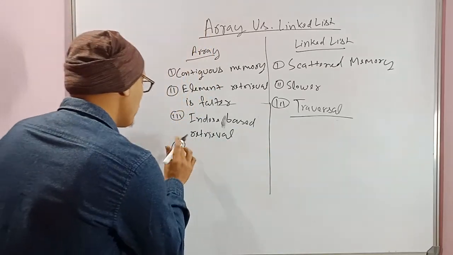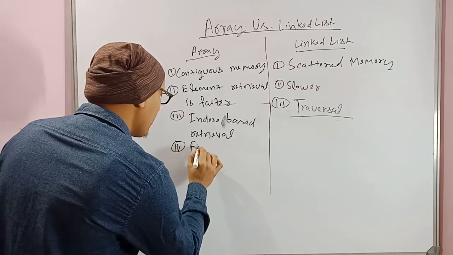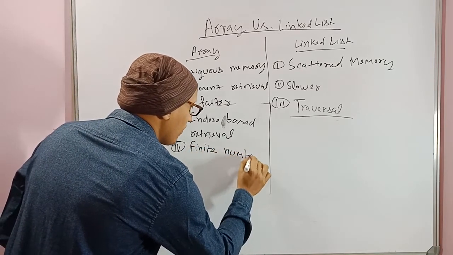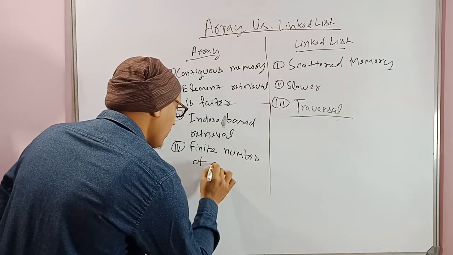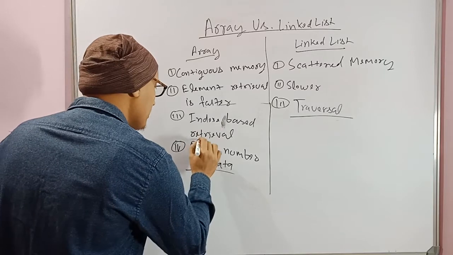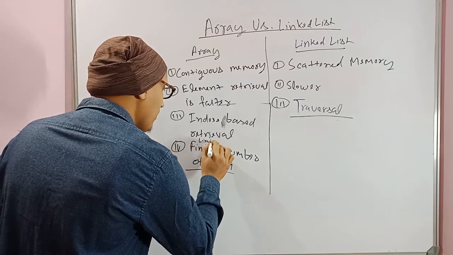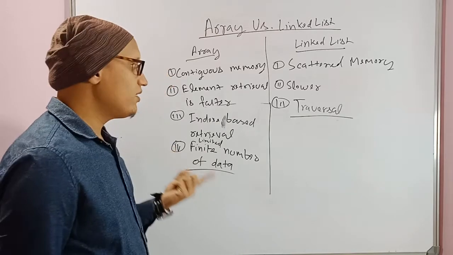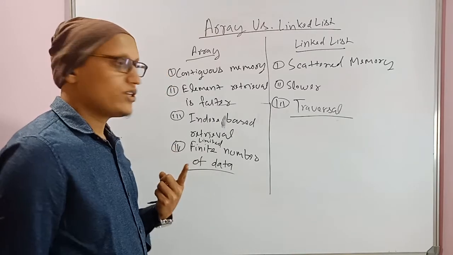So you can say finite number of data. Finite means limited number of data, because you need to declare how many elements I want to store.